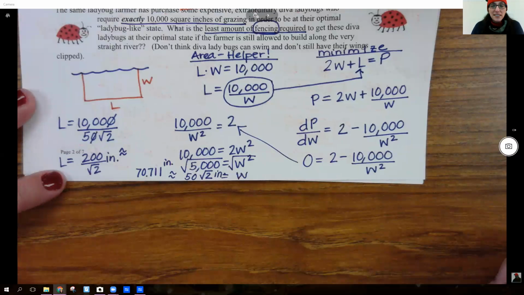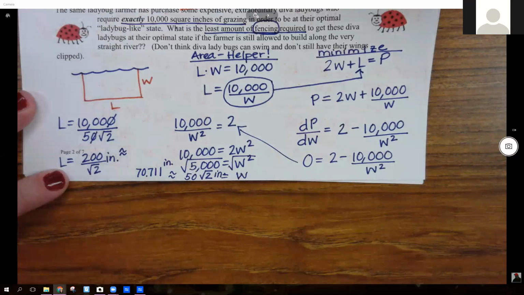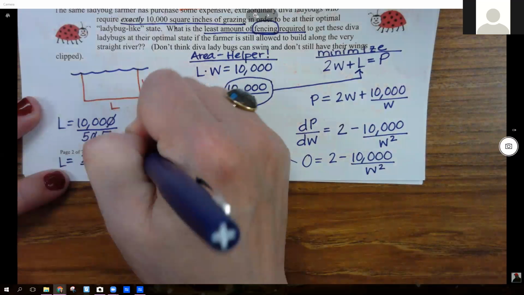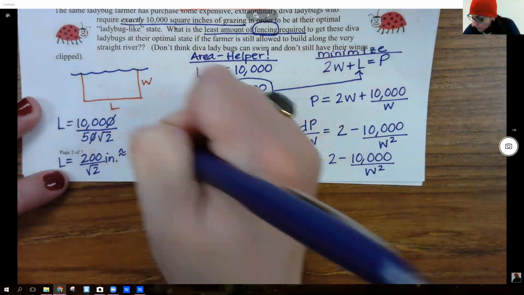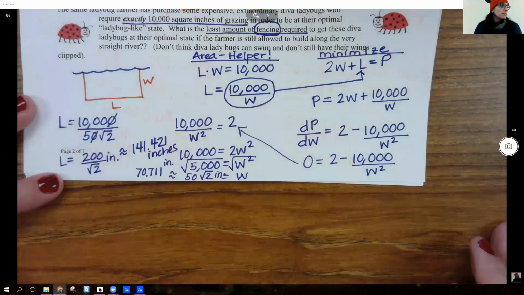What's 200 divided by root 2? 141.421. Thank you. Okay, there's your dimensions.